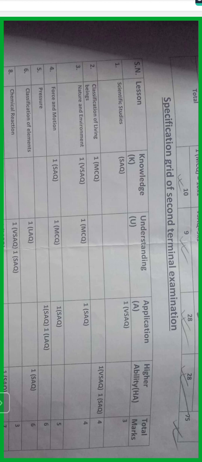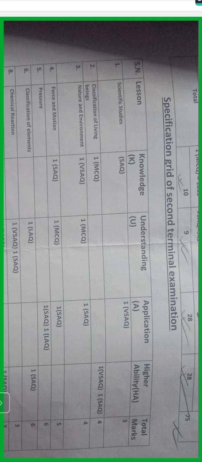In higher ability type question, some figure or some information is given, but you have to think very carefully. For example, if a numerical comes, it is not given in the exact form. If you are given the diameter, then you have to convert it into the radius.